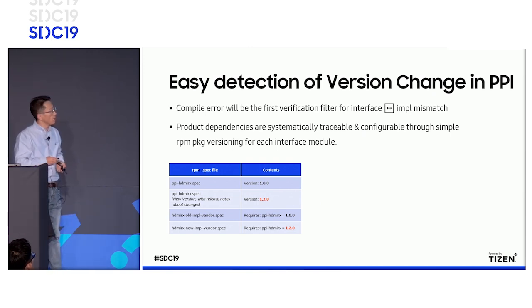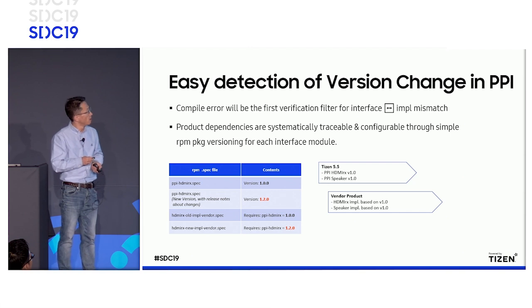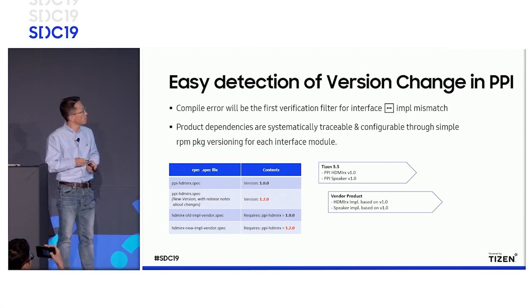So each RPM has a spec file to specify dependency or requirement. For example, this HDMI, so itself is version 1.0, and this is the implementation package, also version required, has a dependency with this 1.0. And once the version is increased like 1.2, then this implementation is necessary, right? So in this case, there is no problem. This is a common part, and this is a product part.